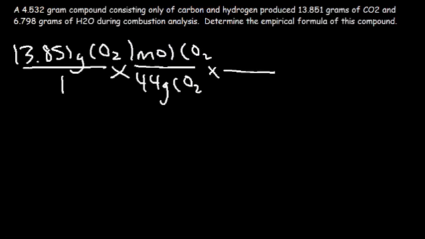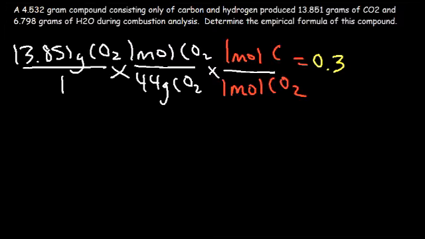Notice that there's one carbon atom in one molecule of CO2, so the molar ratio is 1 to 1. So for every mole of CO2, there's 1 mole of carbon atoms. So 13.851 divided by 44, that's going to be 0.315, or 0.3148 moles of carbon.